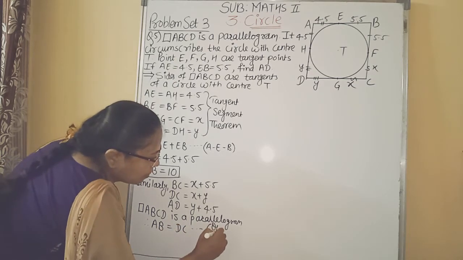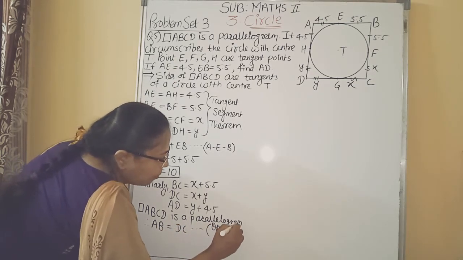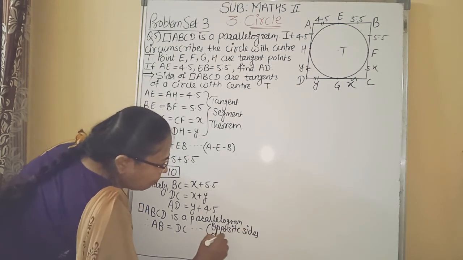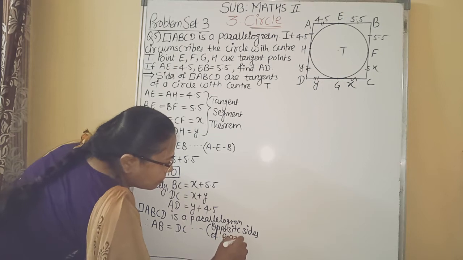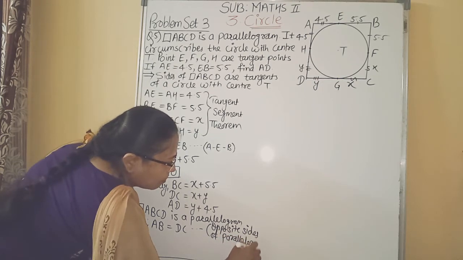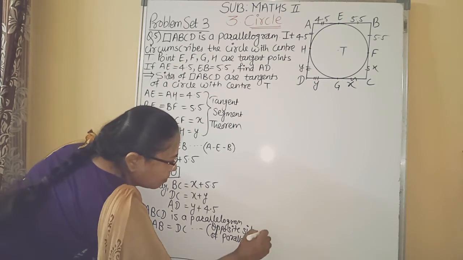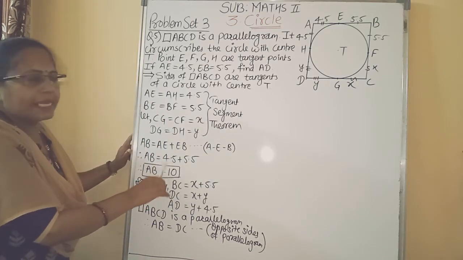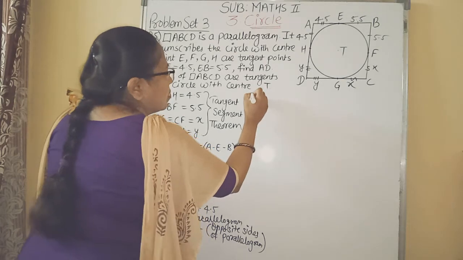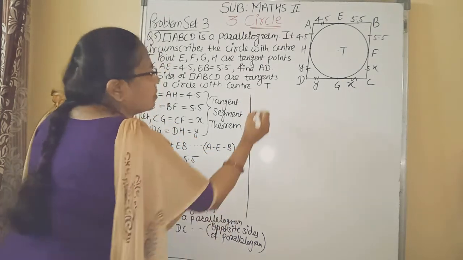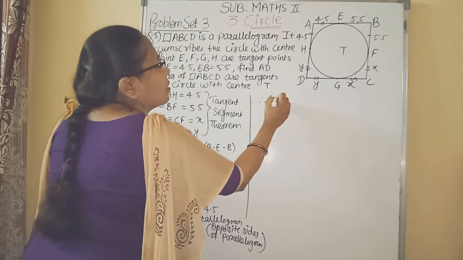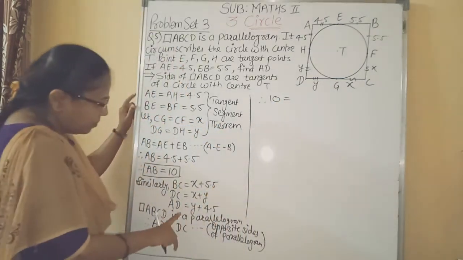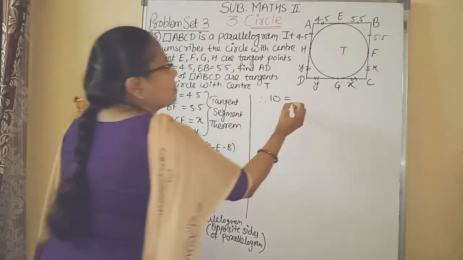Reason: opposite sides of parallelogram. Now AB, how much did we get? 10. Therefore, 10 equal to DC equal to x plus y.